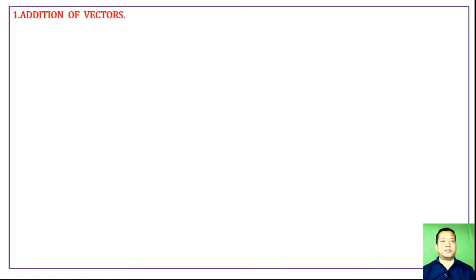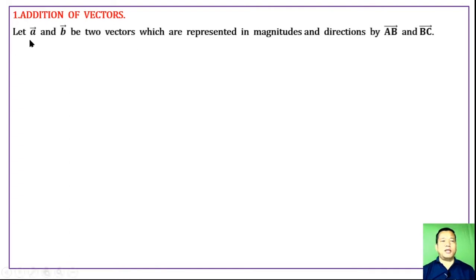Addition of vectors. Let A and B be two vectors which are represented in magnitudes and directions by AB and BC. As in this picture, A vector is represented by AB and B vector by BC in magnitude and direction.